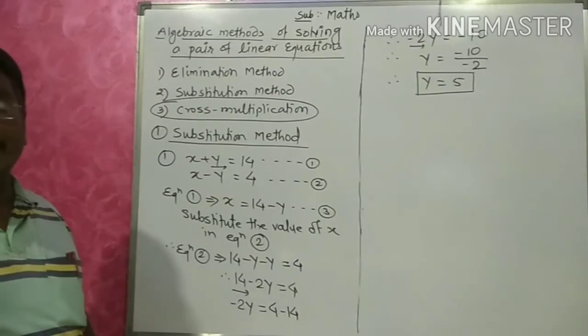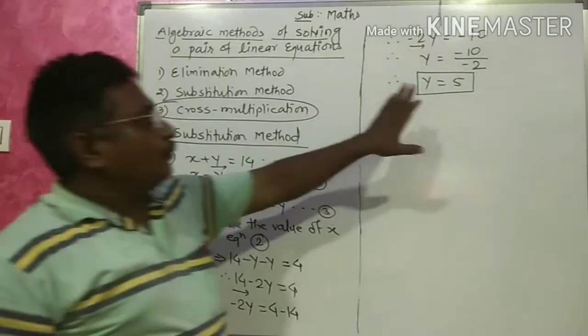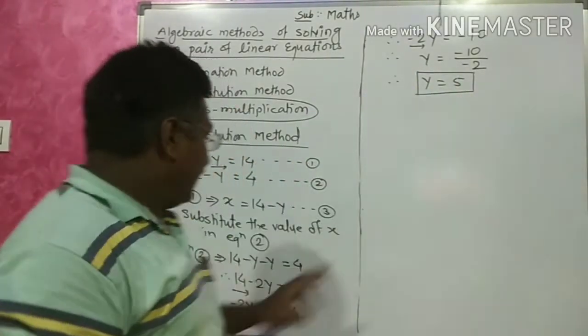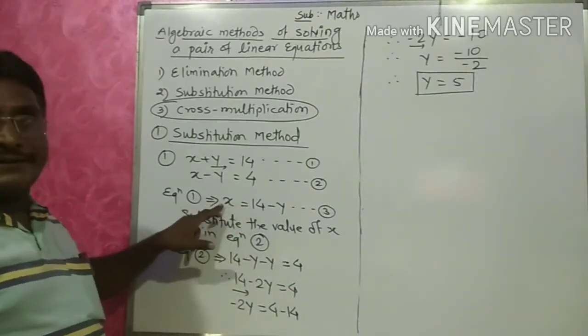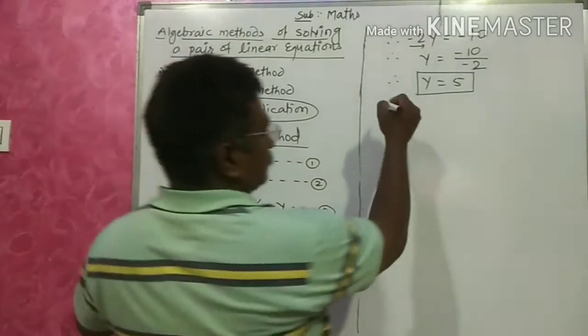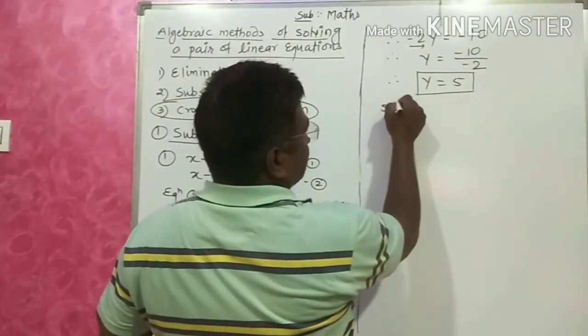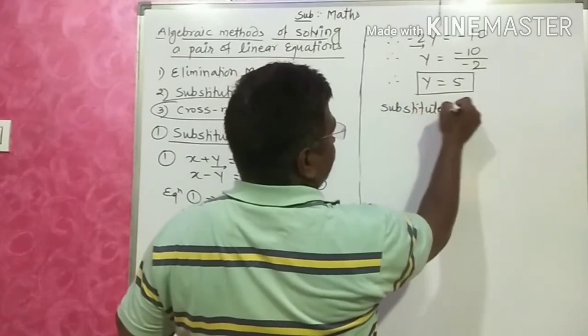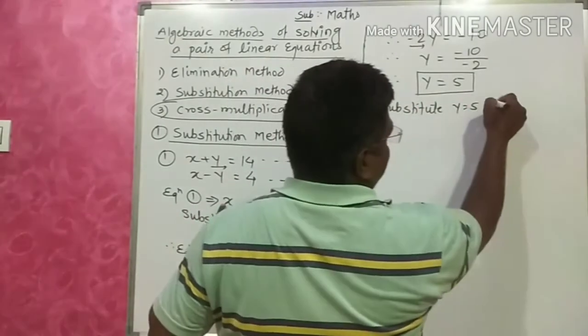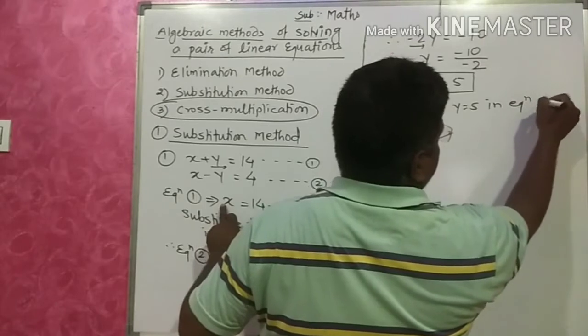Got the value of y? Now put the value of y in equation 3 to get the value of x. Substitute y equals 5 in equation 3.